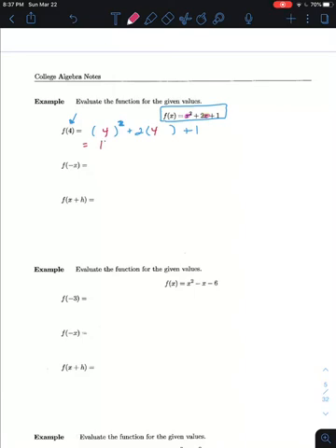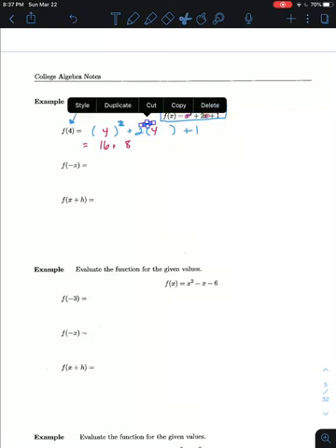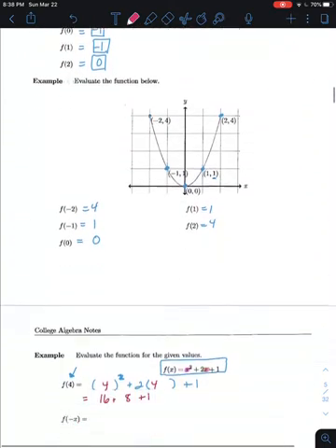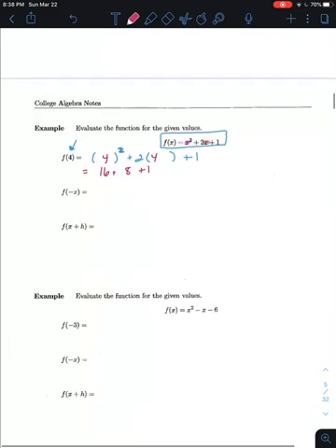So the answer to this is 4 squared, which is 16, plus 2 times 4 is 8, and you have plus 1. So adding this across, 16 plus 8, 24 plus 1 equals 25.